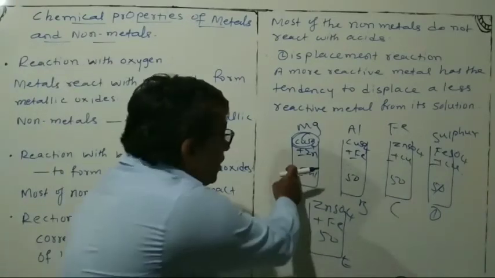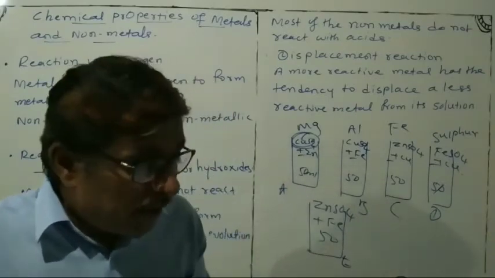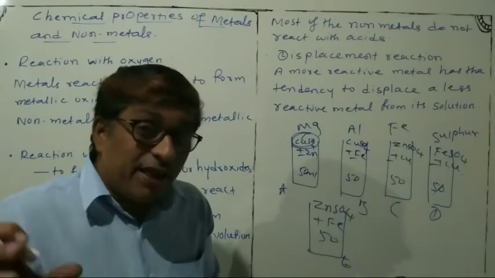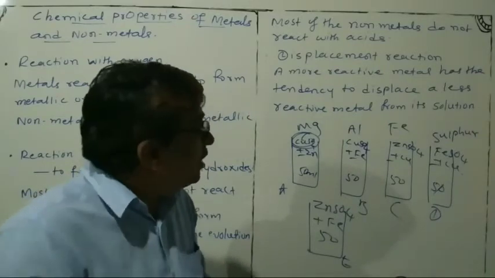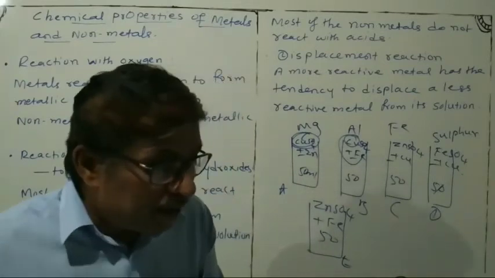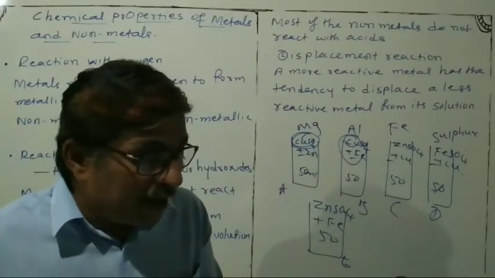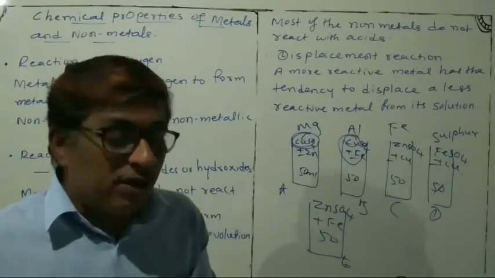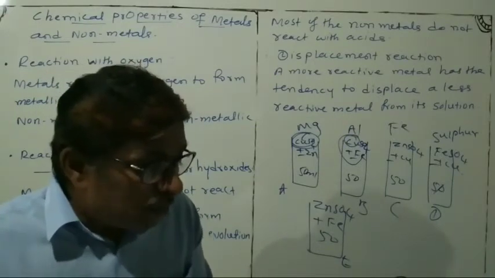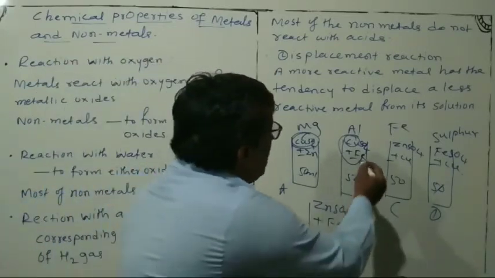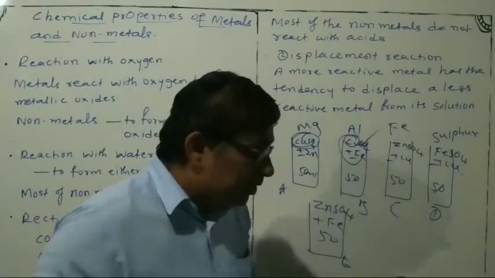A reaction has taken place. In the second beaker, iron displaces copper from the copper sulfate solution to form iron sulfate, and the blue color changes to green. Here also a reaction has taken place.